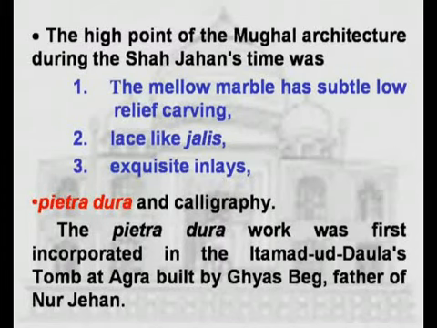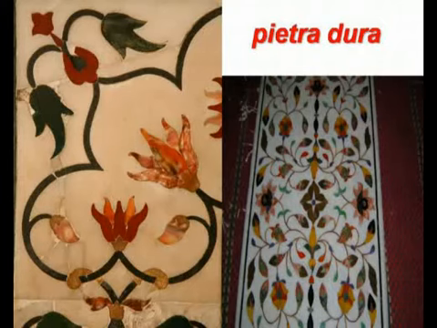The high point of the Mughal architecture during Shah Jahan's time was the mellow marble, with subtle low relief carving, lace-like jalis, exquisite inlays, pietra dura and calligraphy. The pietra dura work was first incorporated in the Itmad-ud-Daula's tomb at Agra, built by Ghias Beg, father of Nur Jahan.